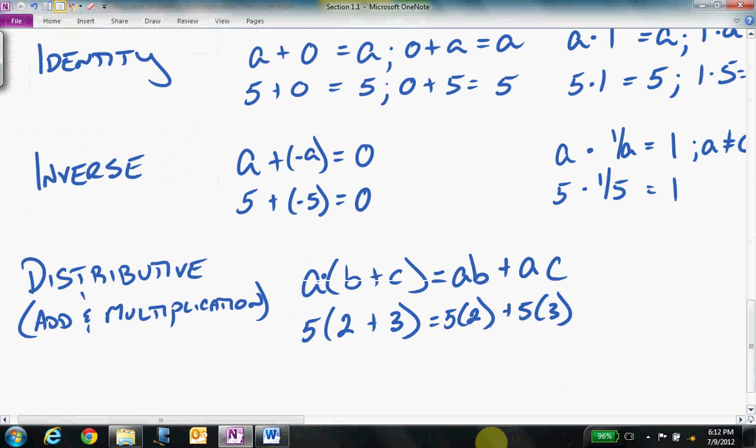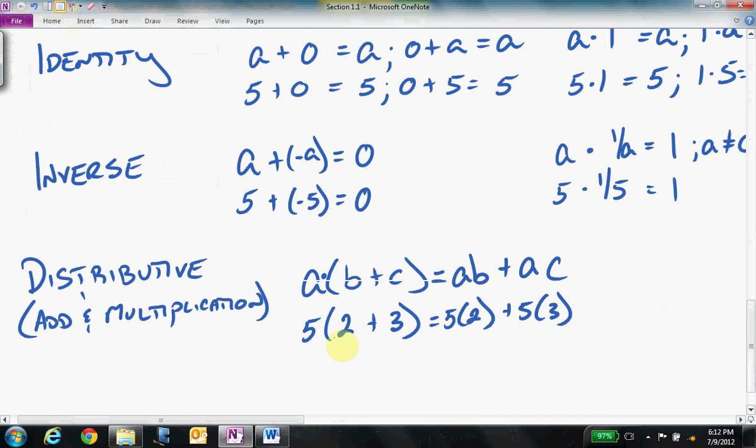A little mental math will show that both sides are equal. Just like we did up here, 2 plus 3 is 6. 6 times 5 is 30. The left side of this equation is 30. On the right side, 5 times 2 is 10. 5 times 3 is 15.